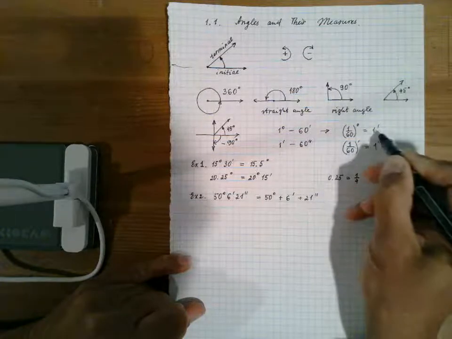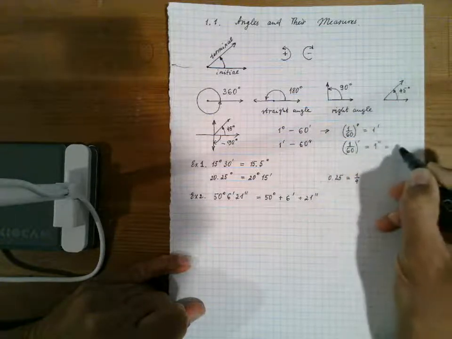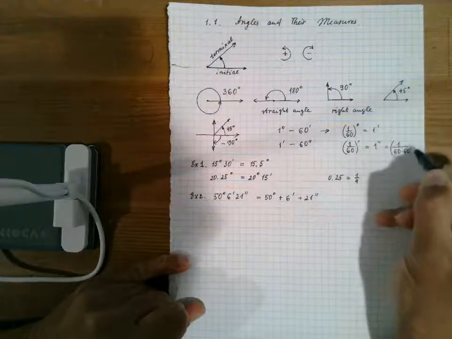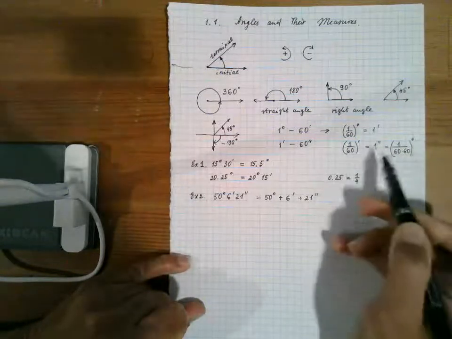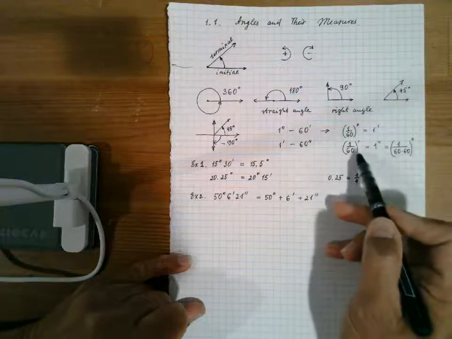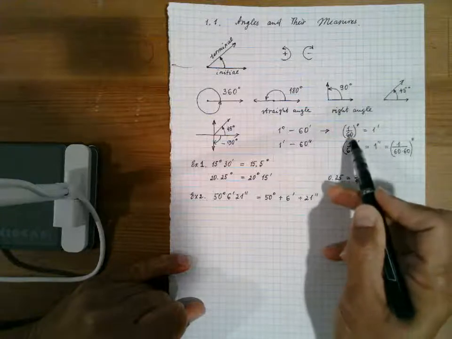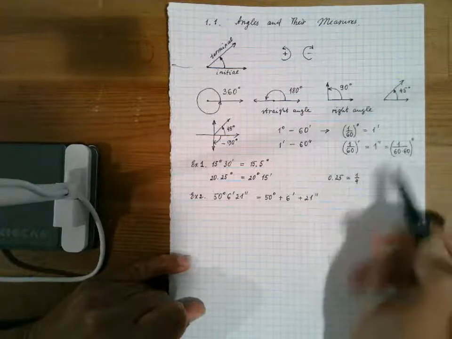So if we go back, that's going to be 1/60 and 1/60 of a degree. 1 second into 1 minute is 1/60, and 1 minute into a degree is 1/60 one more time. So we're going to have this.